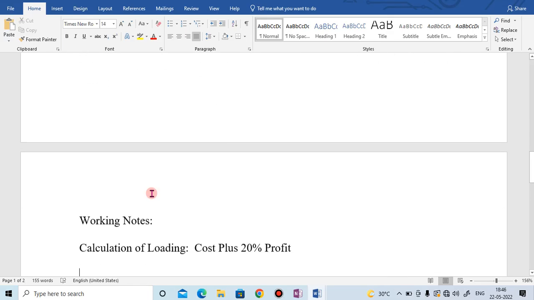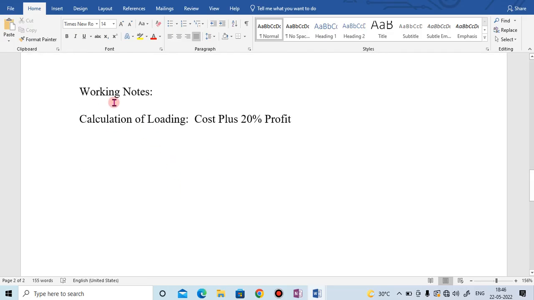Now how to do the calculation of loading? First, in the working note write calculation of loading, that is cost plus 20% profit. The formula to calculate loading is cost plus profit equals selling price.